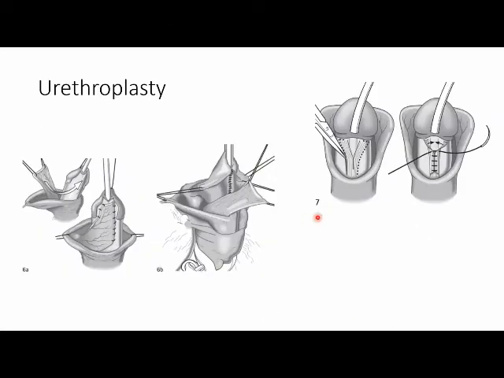So this is how we do urethroplasty with a multi-layer approach. The local tissues can also be used, as you see in here. The splayed spongiosum can be used to cover the urethroplasty site, as seen on the right side of the screen.